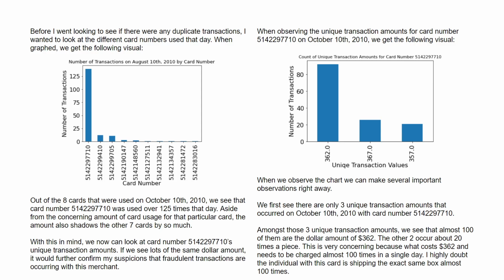With those 3 unique transaction amounts, this is extremely concerning. Because what costs $362 and needs to be charged almost 100 times in a single day? I highly doubt the individual with this card is shipping the exact same box almost 100 times.